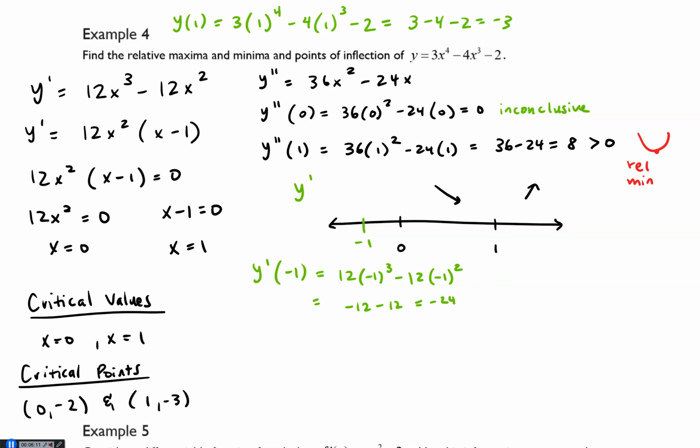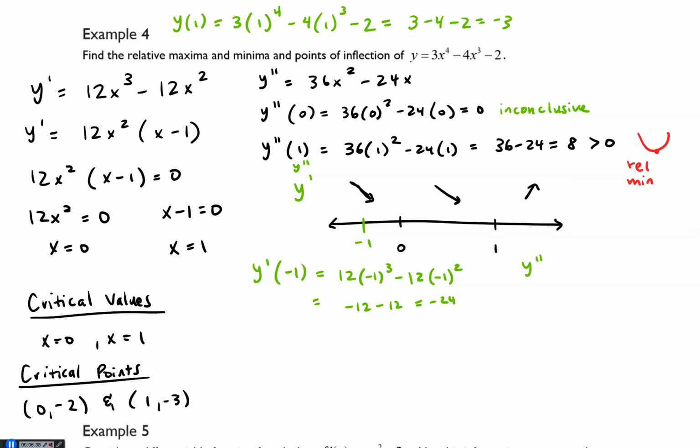So on this interval from -infinity to 0, that means that our function is decreasing, and then it's also decreasing again between 0 and 1. So that means likely what's happening is that we have an inflection point at x equals 0, but let's use the second derivative to verify that.